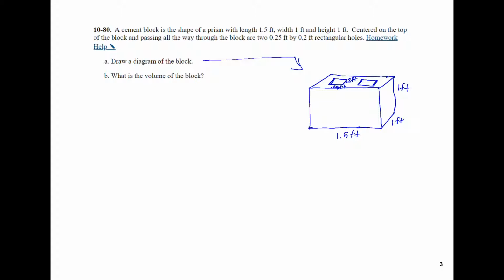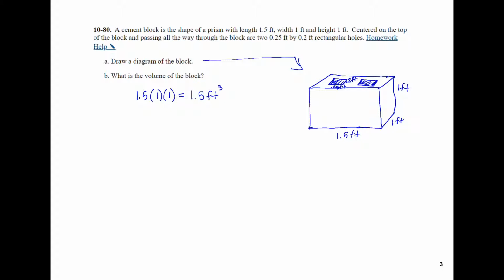So to find the volume of the block, we can do 1.5, our length, times our width, times our height. So the volume of the entire cinder block is 1.5 feet cubed. But then we need to subtract out our hollowed rectangular holes.